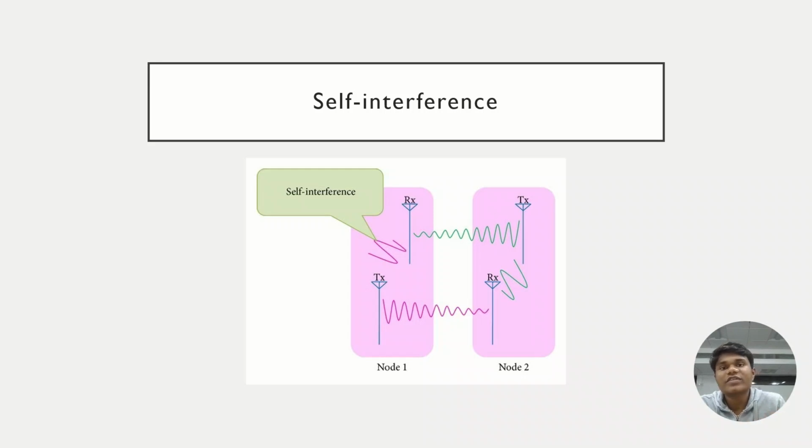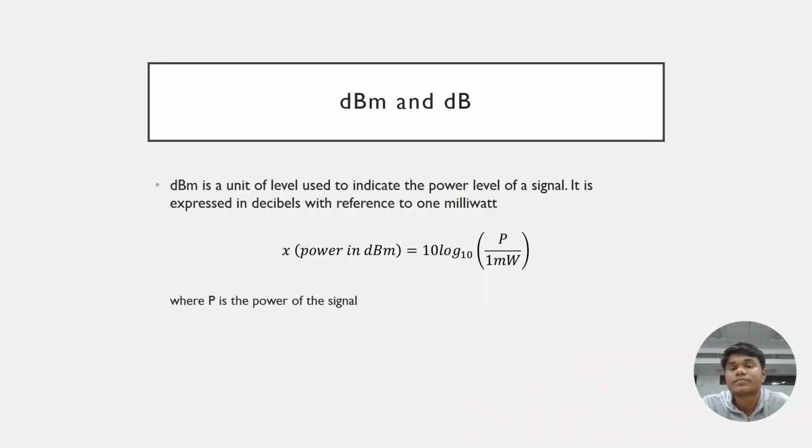So the signal that we intended to receive is not received, but we receive something else, which was distorted by the signal that we were transmitting. So in essence, we ourselves are creating a problem in our reception. And this is the key challenge that has to be solved in order for us to achieve full duplex communication.